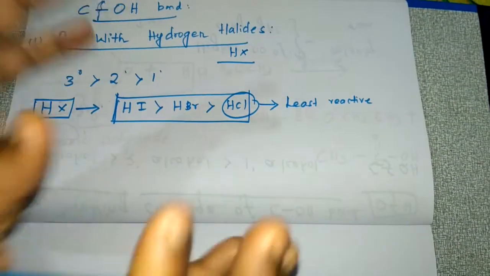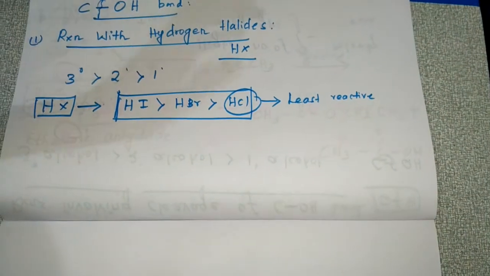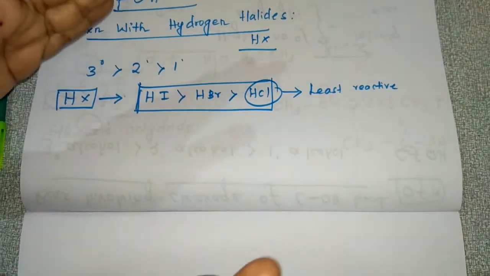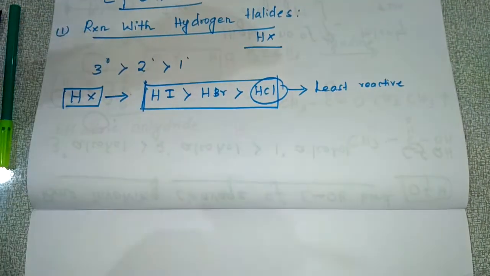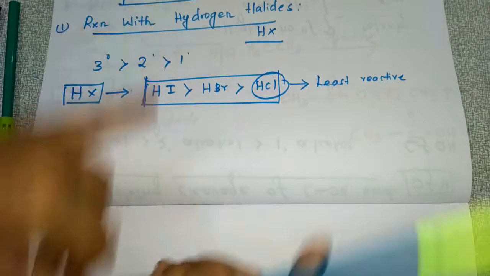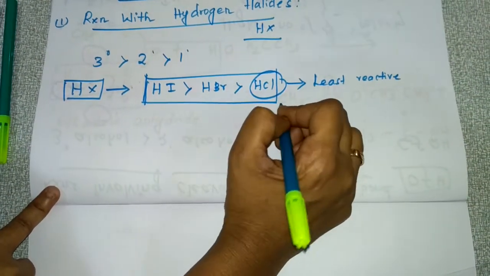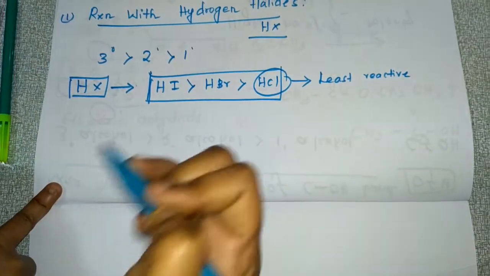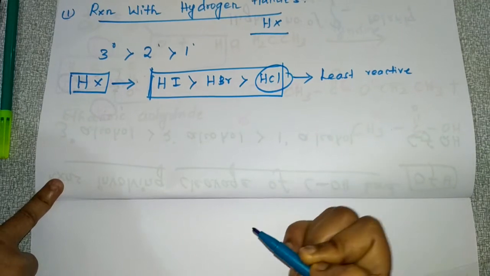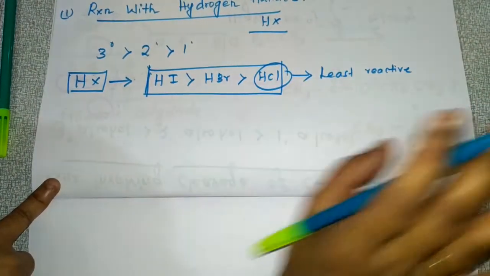You have to use a catalyst to increase that reactivity. So note this question: why do you have to use zinc chloride? If you are using HCl with primary or secondary alcohol, you have to use anhydrous zinc chloride as a catalyst, because HCl is least reactive.